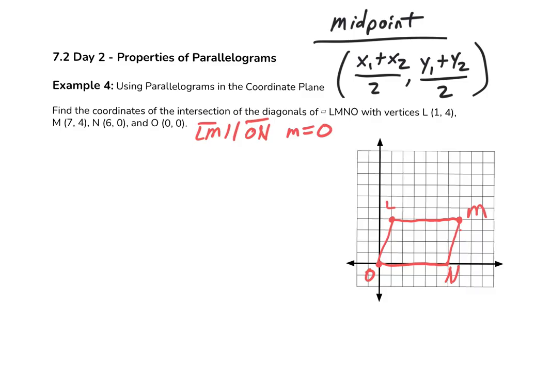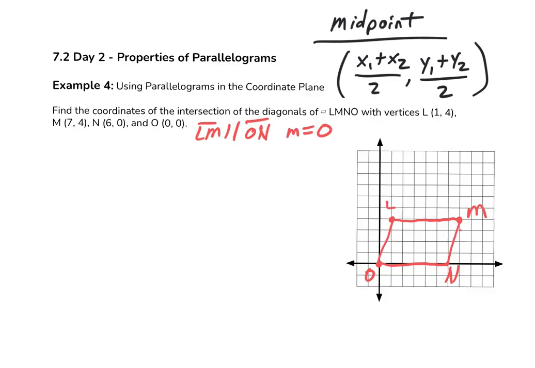When I look at OL and MN, we're going to do rise over run. Good old slope. If I go from O to L, we're going to do rise first: 1, 2, 3, 4 over 1. Over here to go in to M, we're going to go 1, 2, 3, 4 over 1.